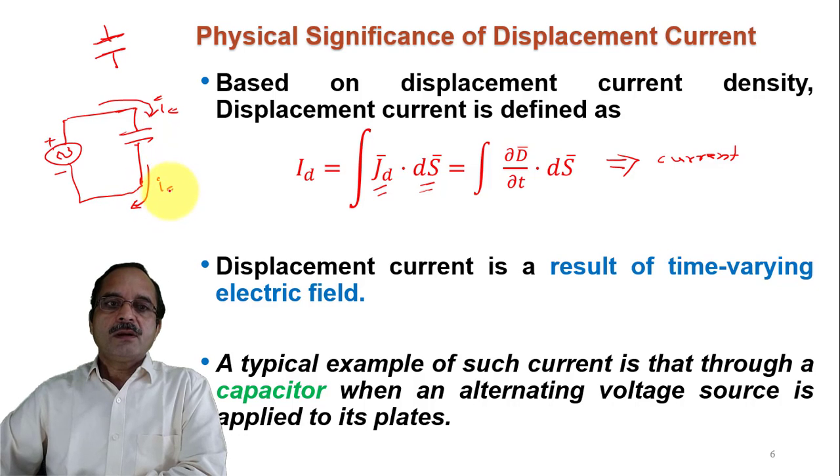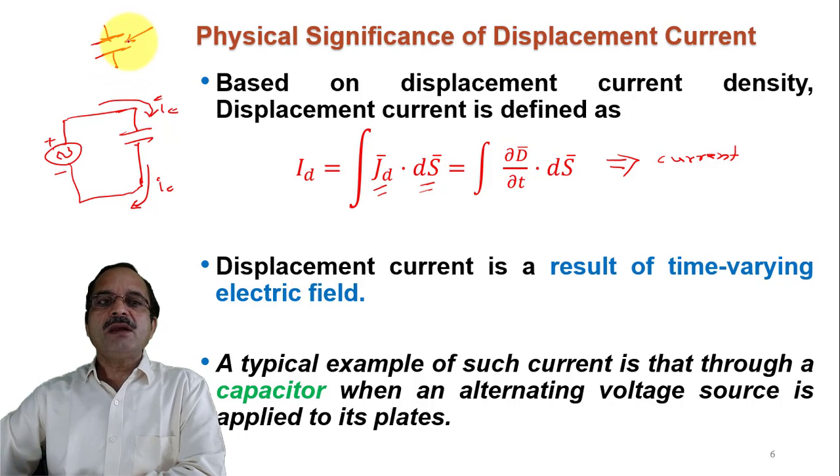Now, how exactly does the current flow through the capacitor? Because in between there is a dielectric here. If it is a dielectric or insulator, there cannot be conduction current, because conduction current is because of the flow of electrons in a given conductor.